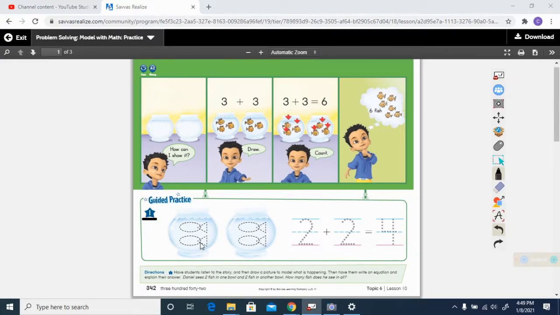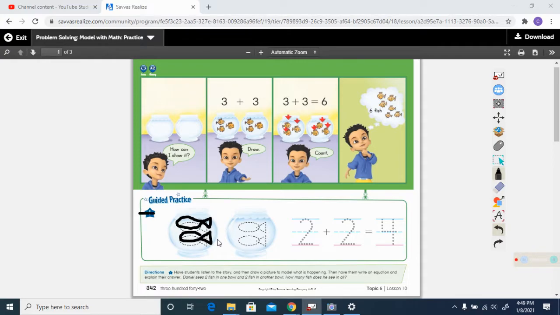So first, Daniel sees 2 fish in one bowl. So we need to draw 2 fish in one of the bowls. And we use an oval and a triangle for that. We'll talk about the shapes a little later, but some of you are pretty good at your shapes now.